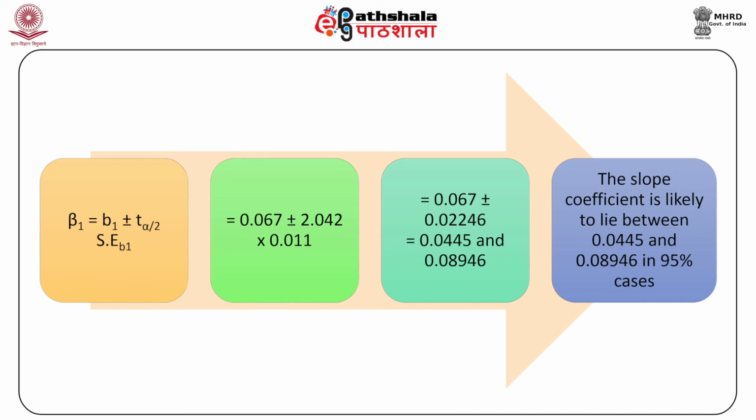This is equal to 0.067 plus minus 2.042 multiplied by 0.011, which is equal to 0.067 plus minus 0.02246, which is equal to 0.0445 and 0.08946.